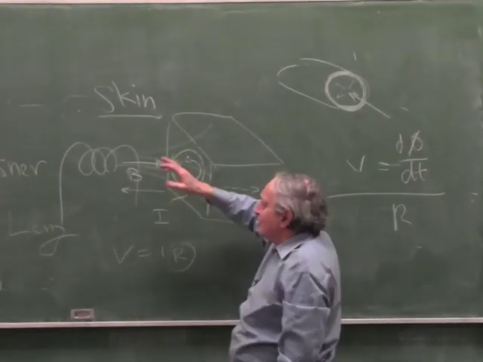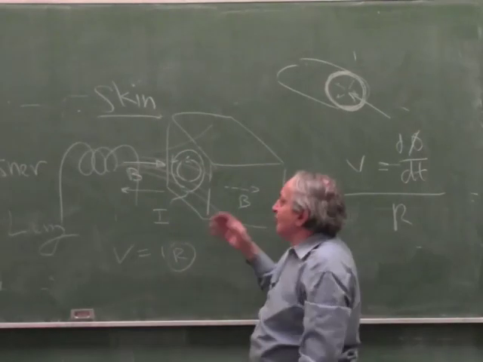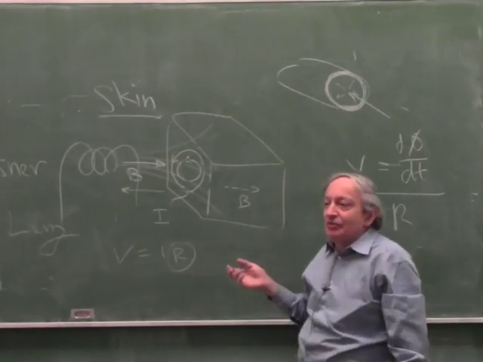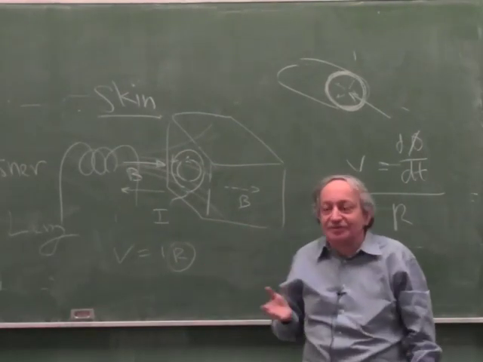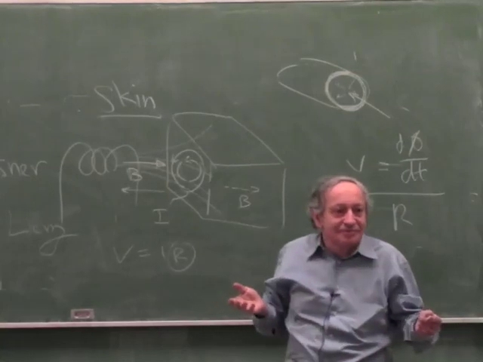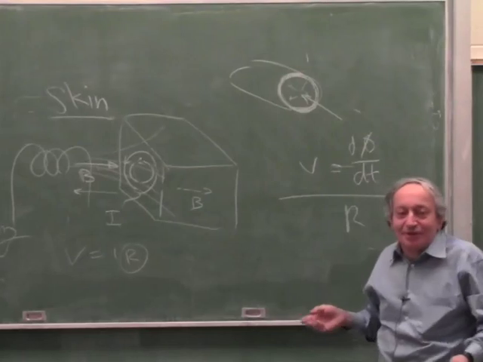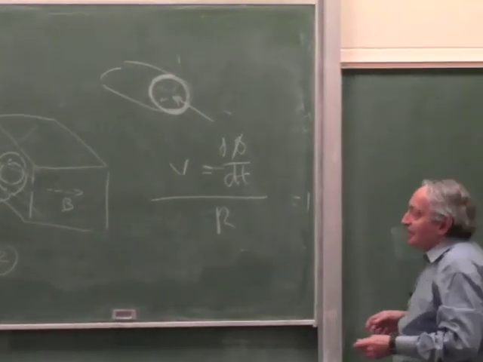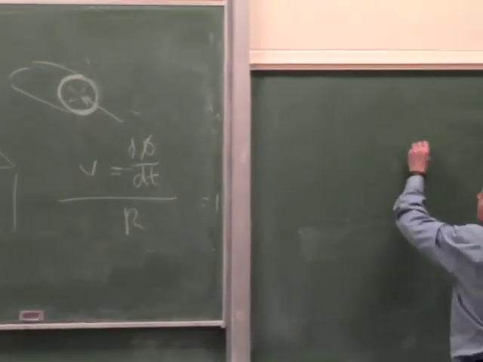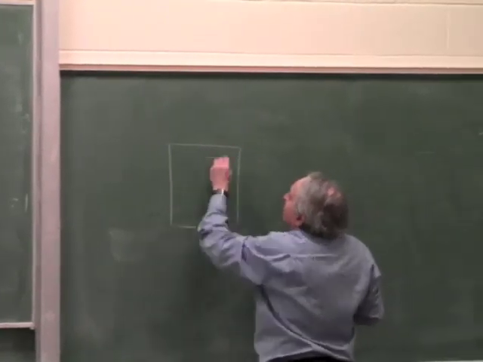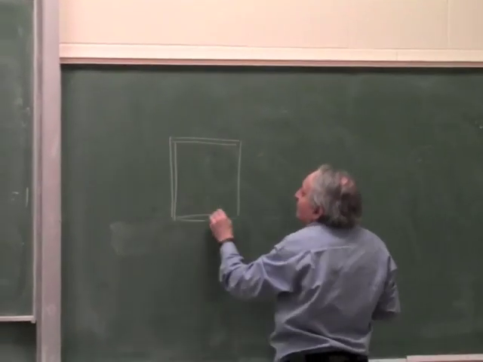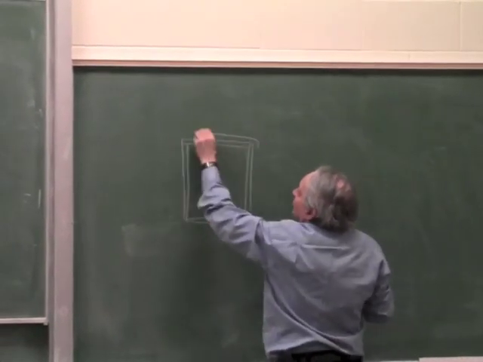So if iron is bad for skin effect, copper is bad at low frequency, what should you make the box of? Of what? Both. Exactly right, both. Since we can decide, make it from both. That's why for high shielding you typically have a steel box coated with copper foil.